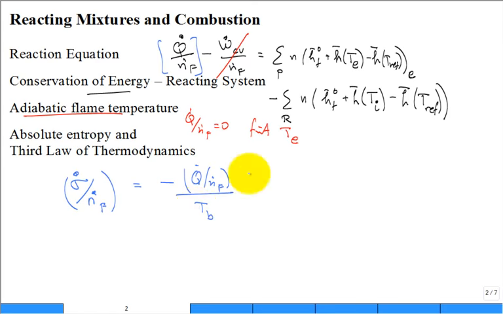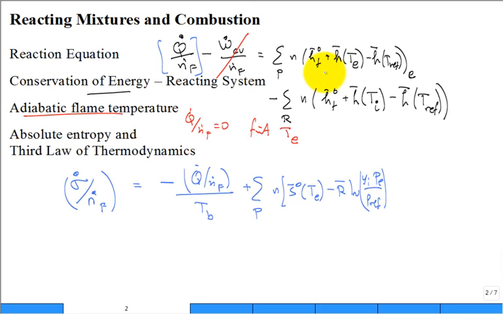All right, then we're going to have the sum over all the products, the same stoichiometric coefficient, and then what we have is this molar absolute entropy, which is a function only of temperature, so it's only a function of T exit for the product, minus, because we deal with ideal gases, this is an expression of the entropy for an ideal gas of the product going out, R bar, natural log, yi P exit over P ref.